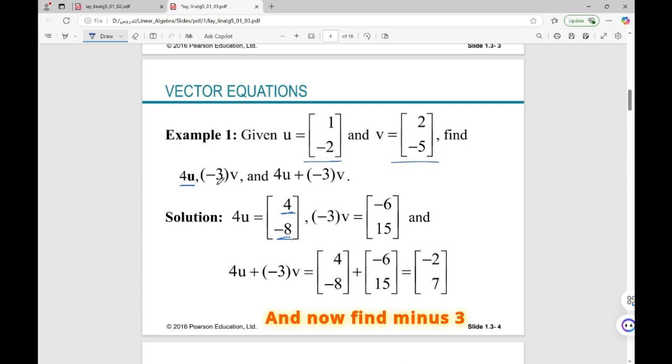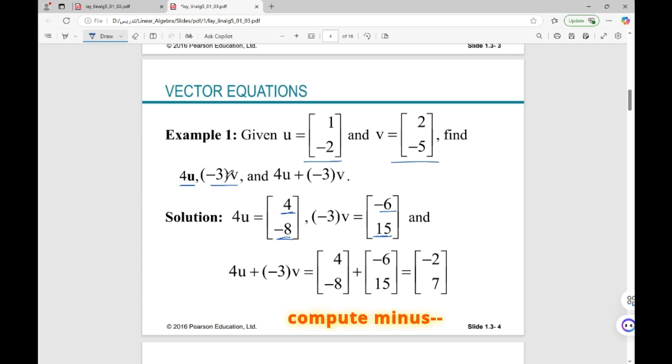And now find minus 3 times V. Minus 6, 15. Exactly. Minus 3 times 2 is minus 6, and minus 3 times minus 5 is plus 15.